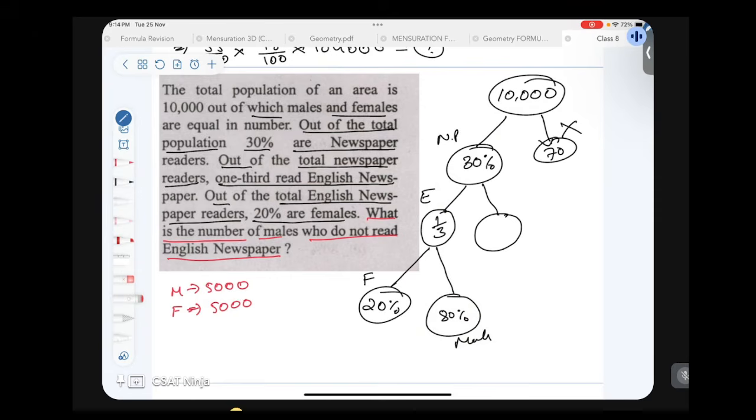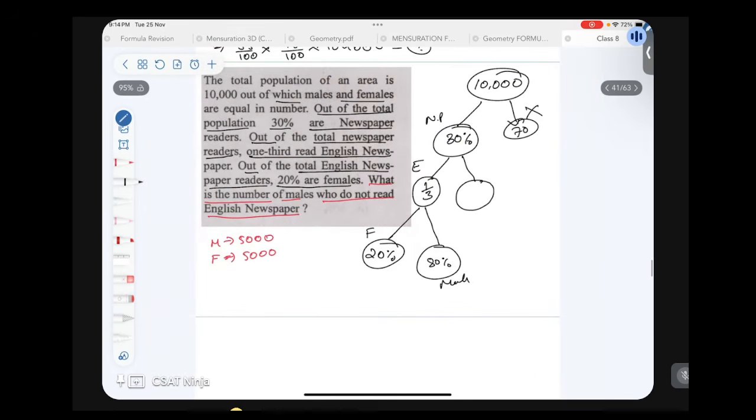Like I told you, I'll approach this way. Since I need to find this one, I'll go down this branch. So how much? 80% of one third of 30% of 10,000.